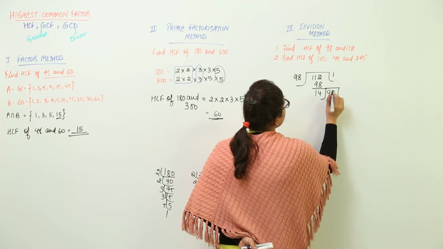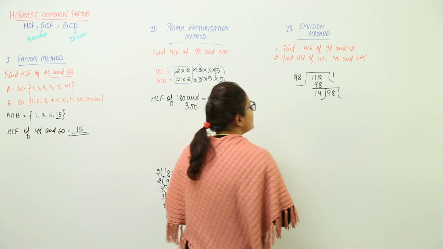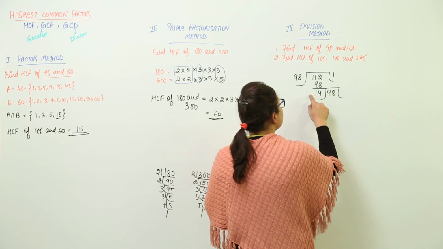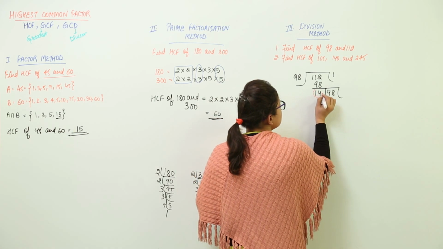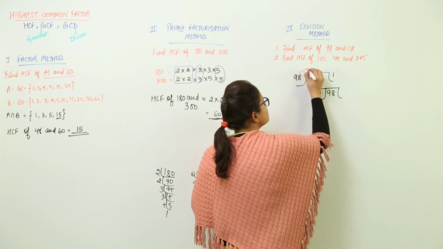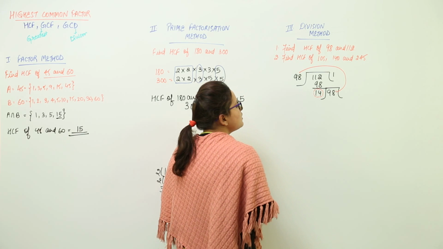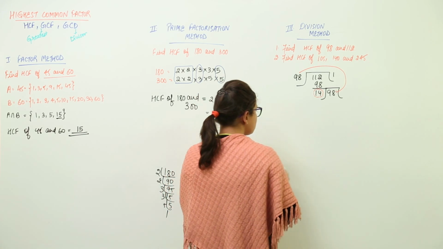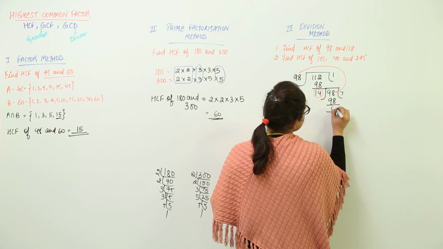Now the previous divisor has become my next dividend and the remainder has become my next divisor. This is the divisor which was the previous remainder, and this was the divisor which has now become the dividend. Now we will again continue the division with this. Here we have 14 times 7 is 98 and we get 0.